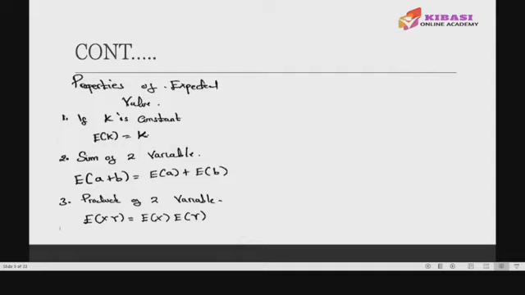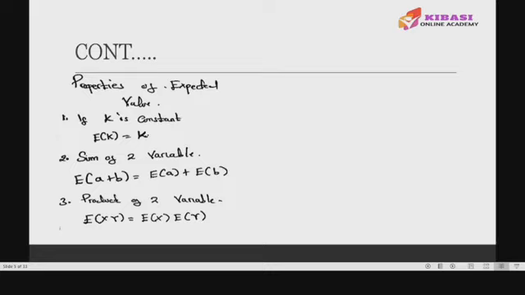Tunasema hizi ndo za msingi kuzingatia. Property za expected value tunasema kama k is constant. Kwa hiyo tukiwa tuna expected value ambayo ni constant, itabaki ni ile constant. Sum of two variable, kama tunajumlisha expected value ya variable mbili a and b, itakuwa sawa na expected value ya a plus expected value ya b.